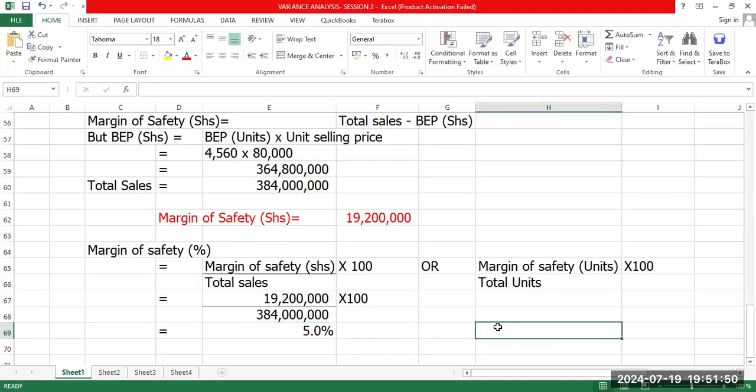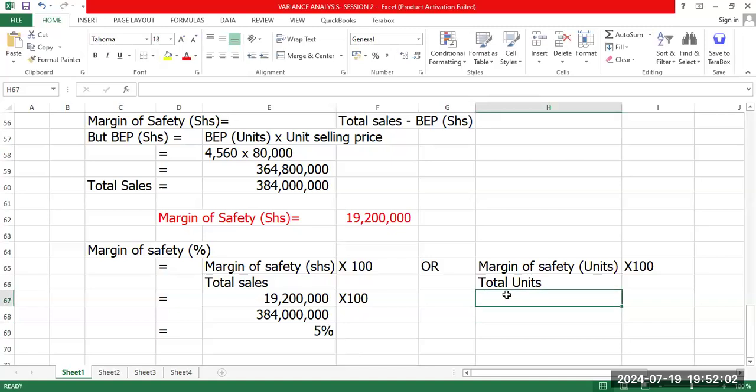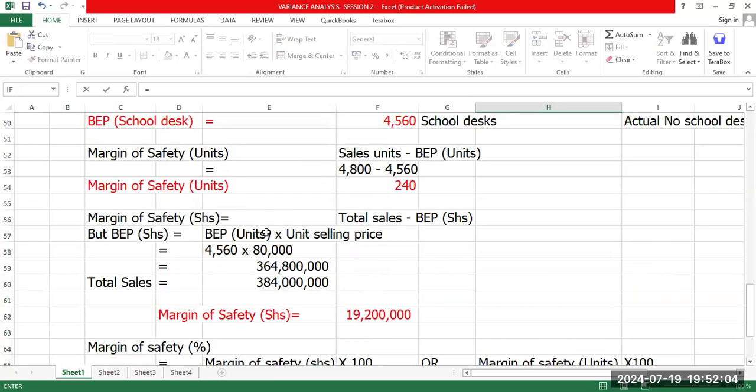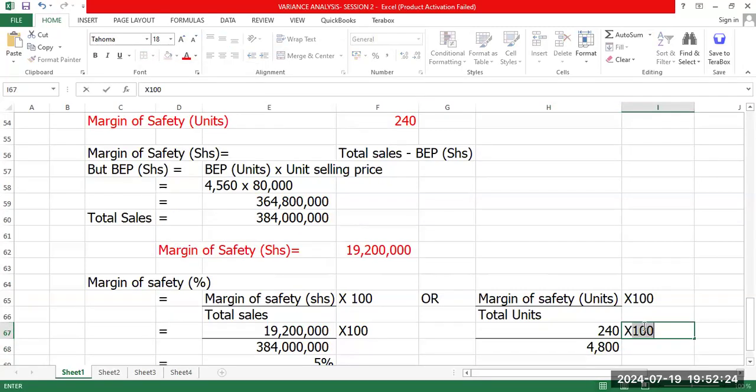What about if you use units? What do you get? Margin of safety in units, we said these ones. Then total units, our total units are 4,800 number of desks. And you multiply by 100.